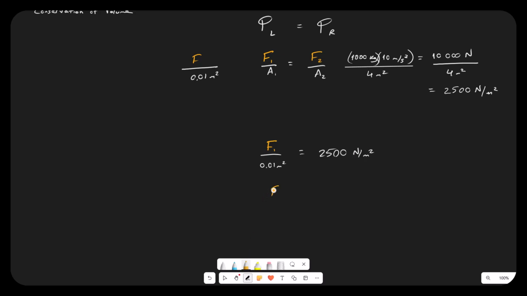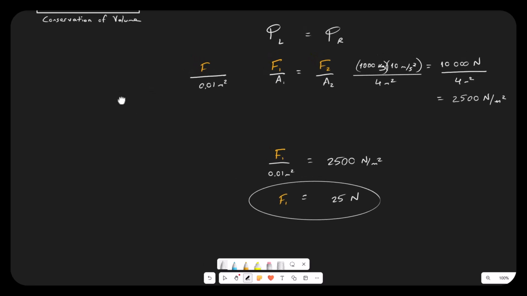If I'm solving for F1, I multiply by 0.01 and I get 25 newtons. 25 newtons is the weight of a 2.5 kilogram block. So think 5 to 6 pounds, something like that.